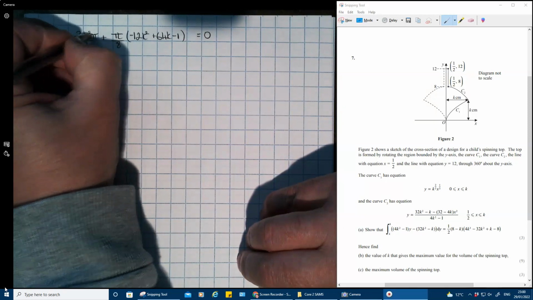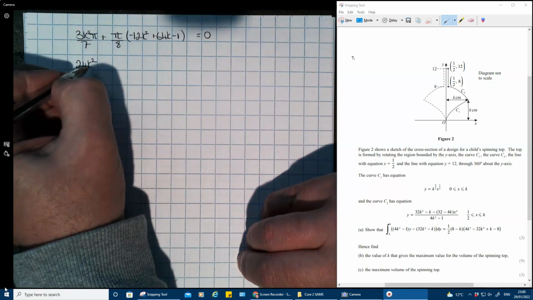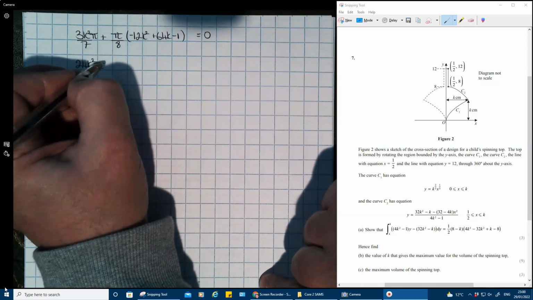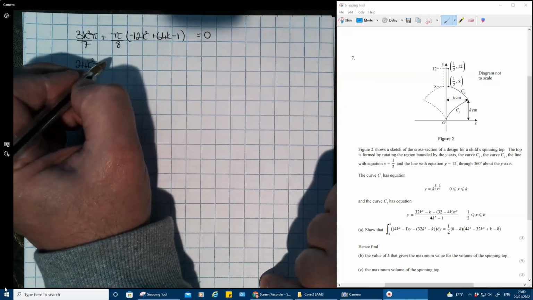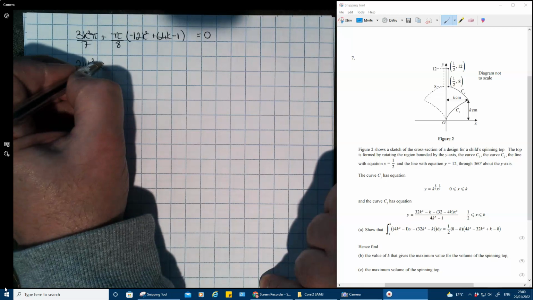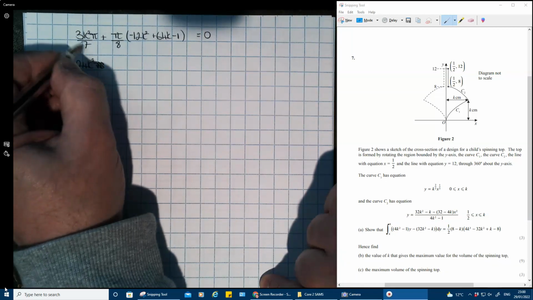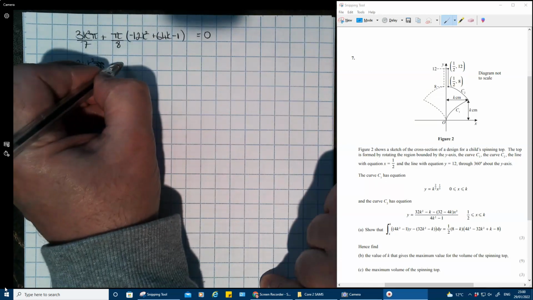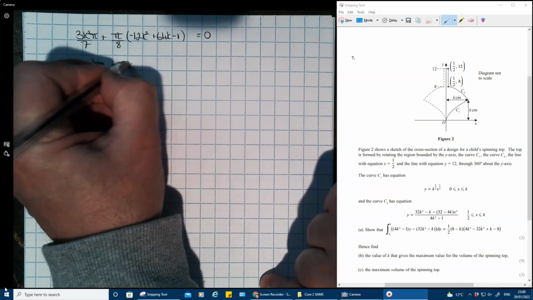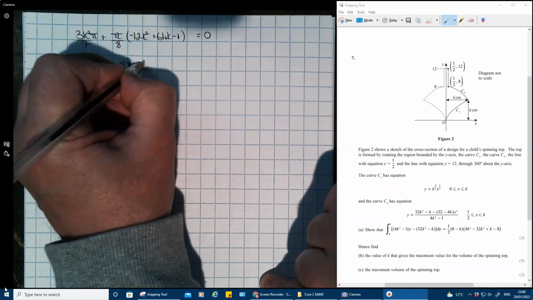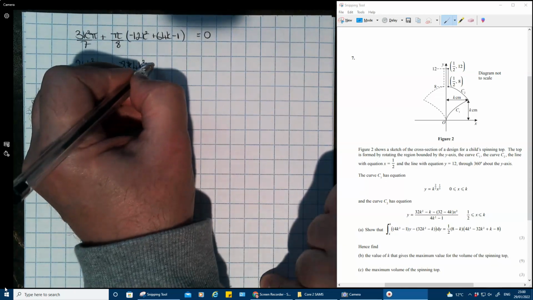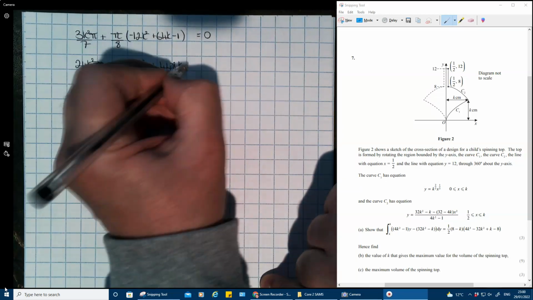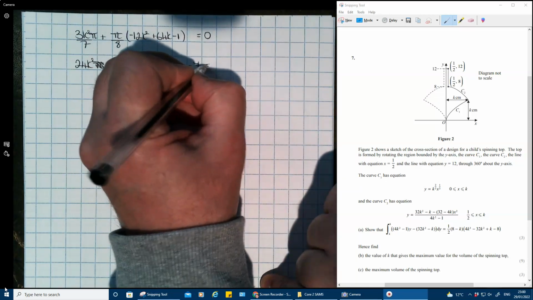There's a pi here, isn't there? Sorry. 24k squared pi, though I can divide by pi clearly. Let me divide by pi. 24k squared, take away 84k squared, plus 448k, take away 7 equals 0.